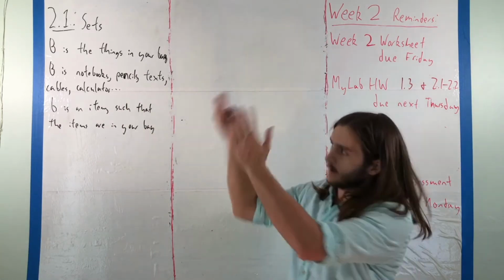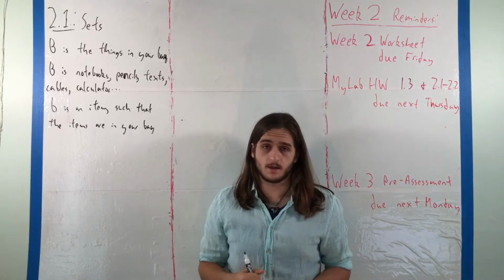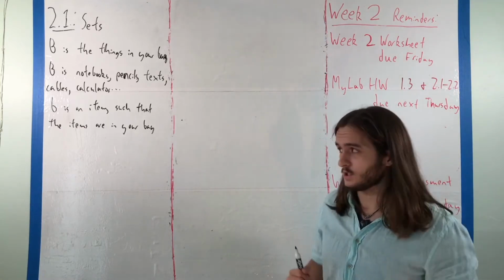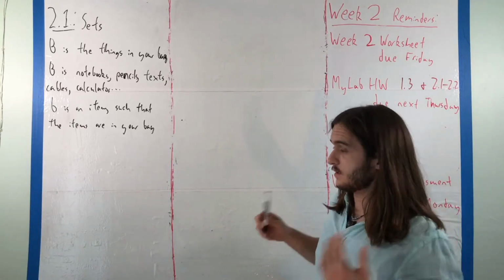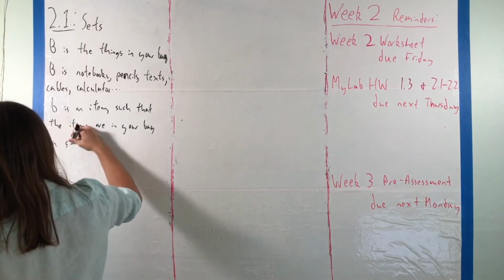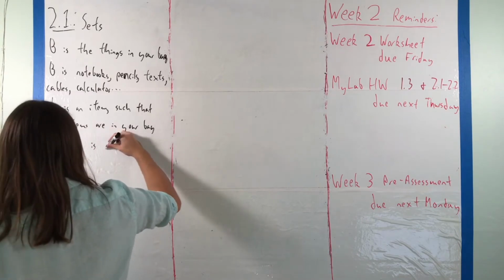And why I'm talking about this is to set up the idea of what a set is without getting too deep into the weeds of the terminology just yet, because really all a set is, is just a collection of objects.